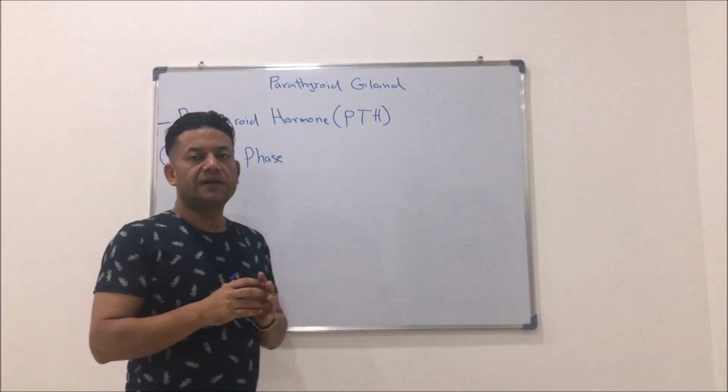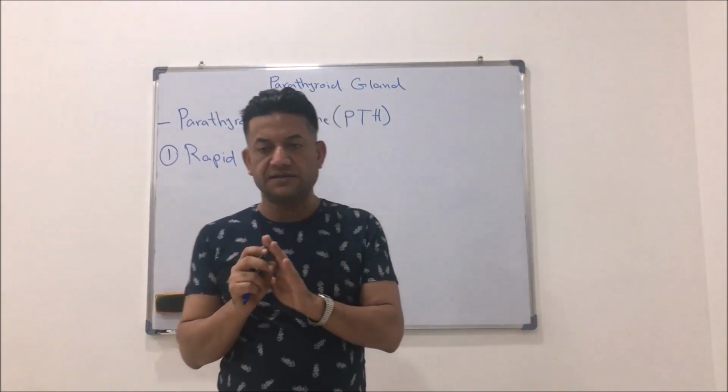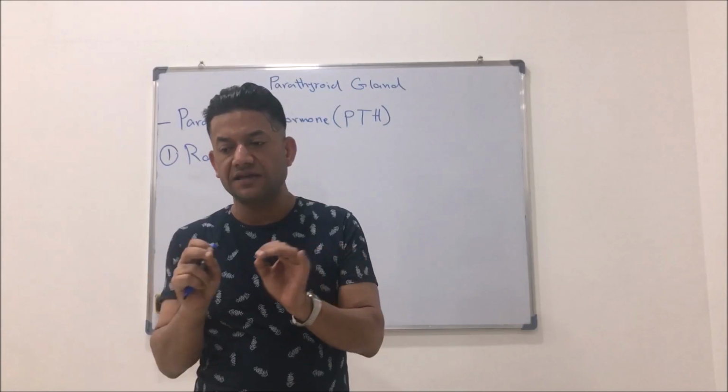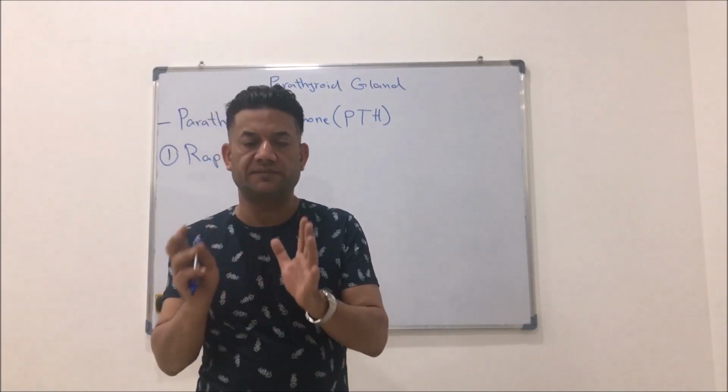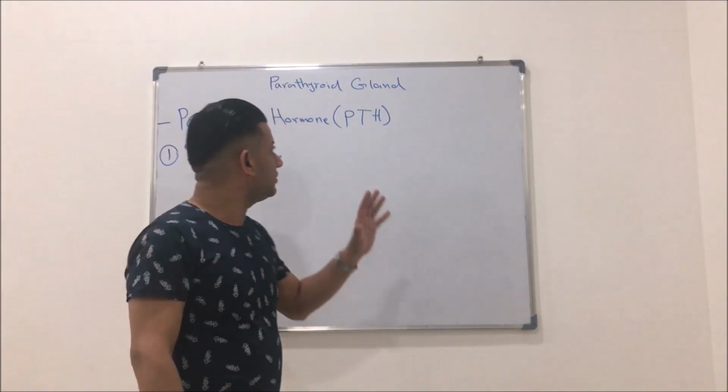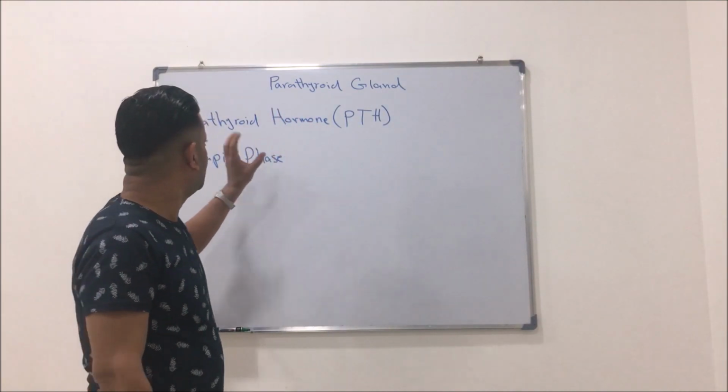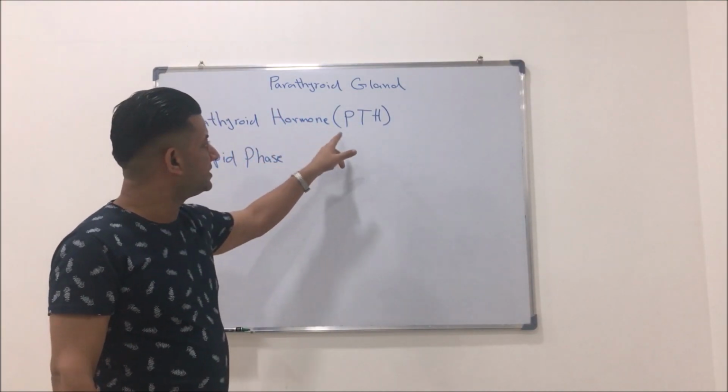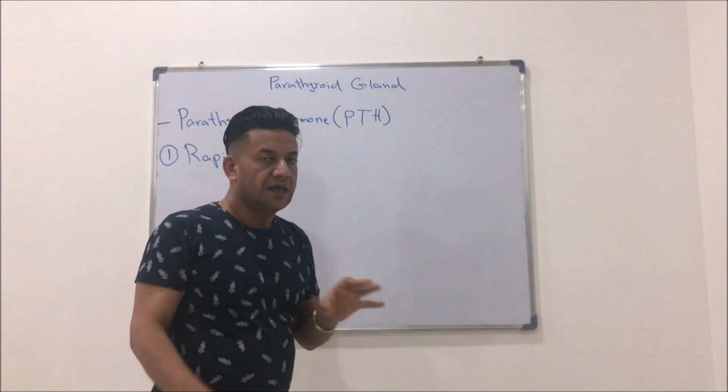In the rapid phase, when there is a decrease in calcium ion of the blood, the parathyroid gland will be stimulated and secrete parathyroid hormone.